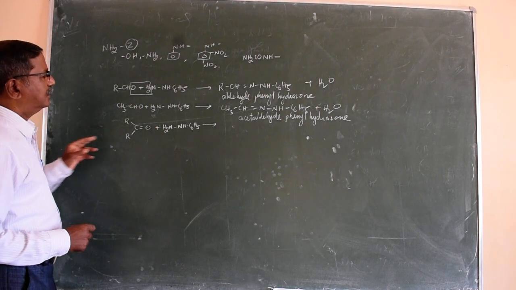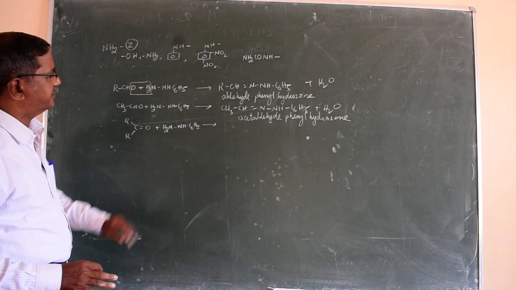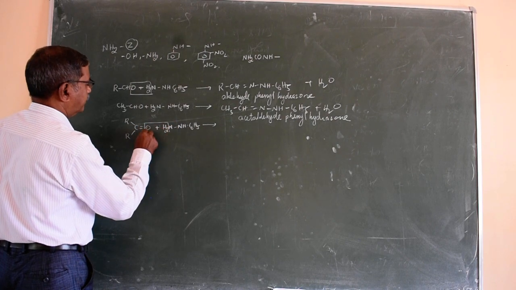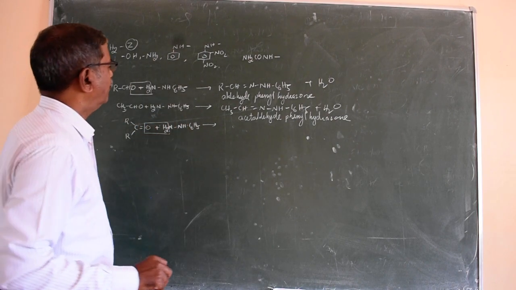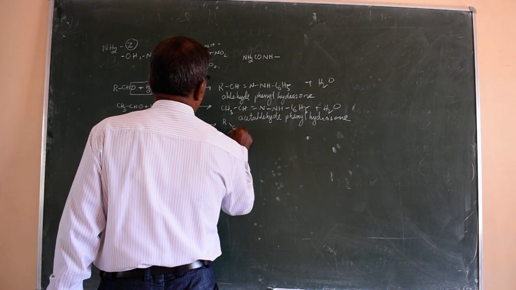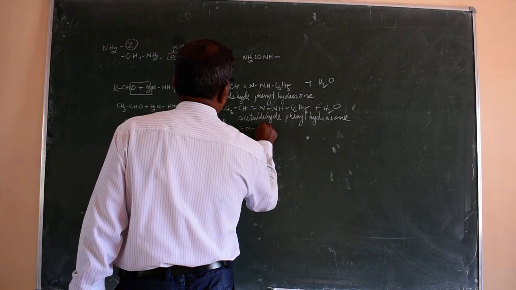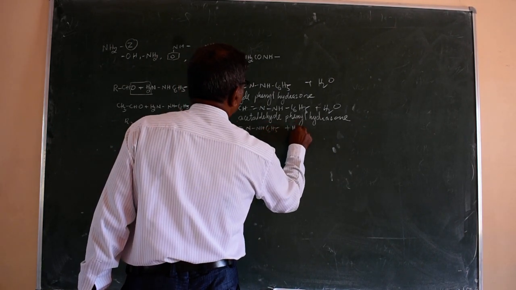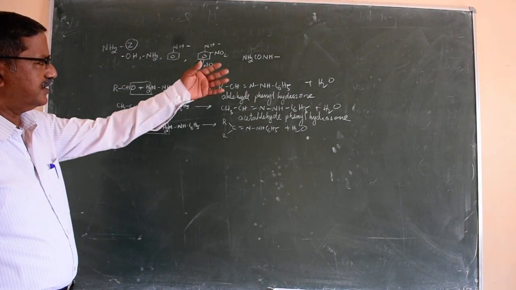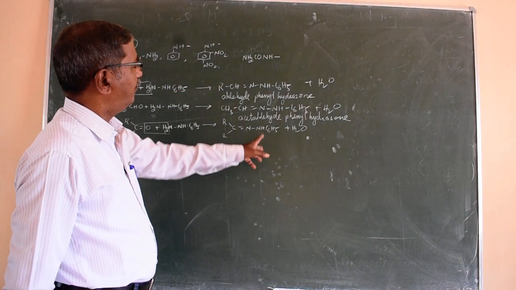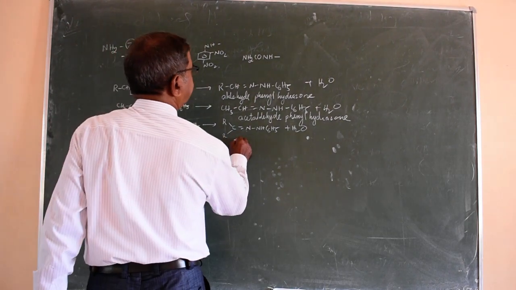No need to draw the benzene ring; you can write the formula C6H5 itself, which shows that there is a benzene ring. We have RCR double bond N NH C6H5 and H2O.